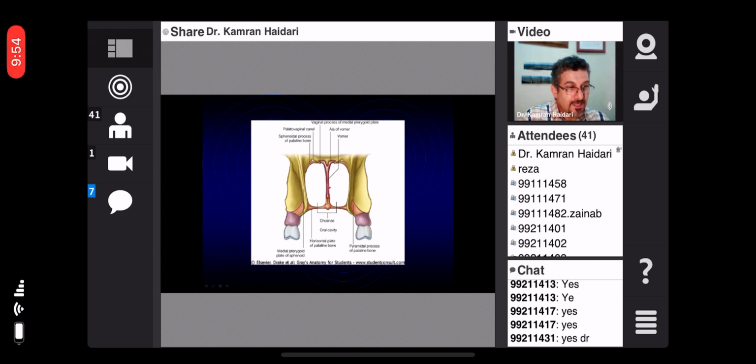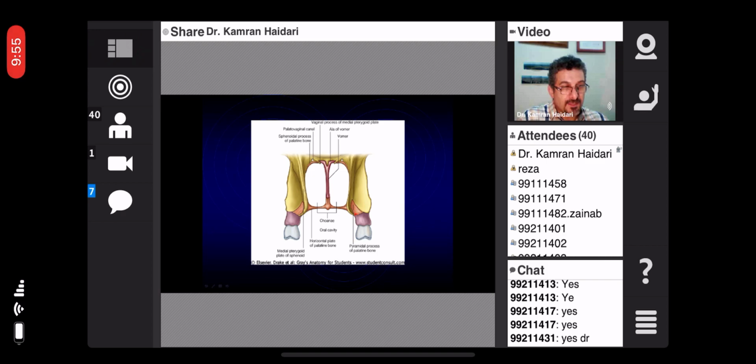Okay, and this is the nasal septum, and this is the bony part of the nasal septum. Vomer bone, you can see, and the nasal crest of the palatine bone. This is the horizontal plate of the palatine bone, and the vertical or perpendicular plate of the palatine bone is in front of the medial plate of the pterygoid process.